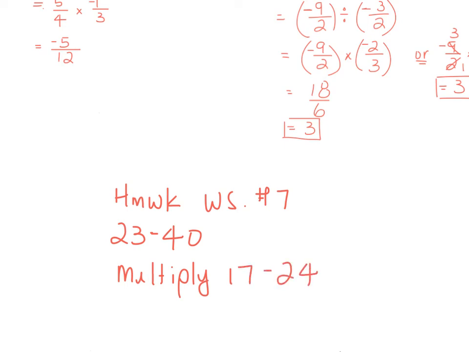It's under the mental math part, but state each answer in simplest form. So multiply through. See if you can get into the habit of reducing before you multiply. Again, it's a little bit easier because when you get larger numbers, it's harder to multiply them through.